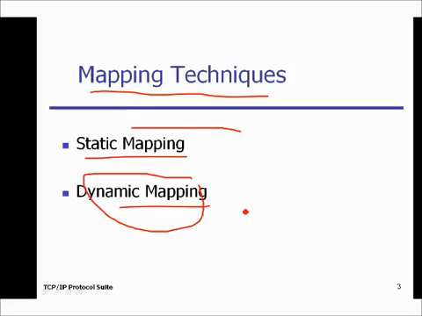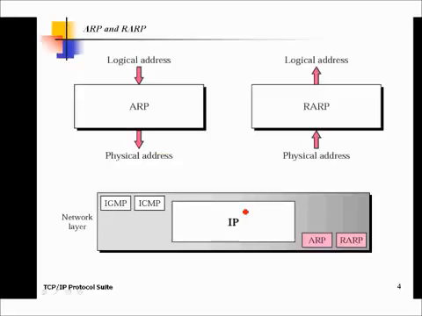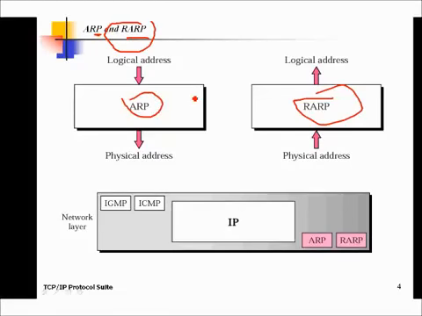ARP and Reverse ARP use unicast and broadcast physical addresses. This figure shows the mapping technique of ARP and Reverse ARP, as we mentioned before.